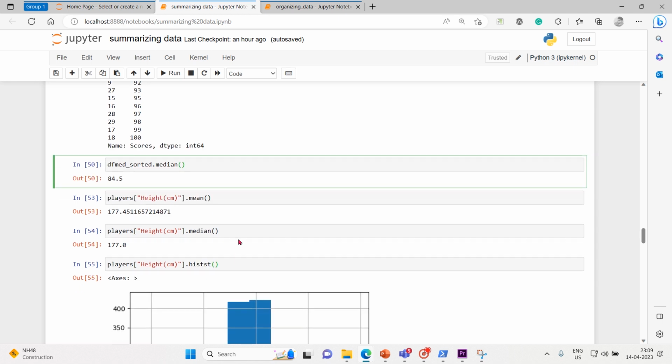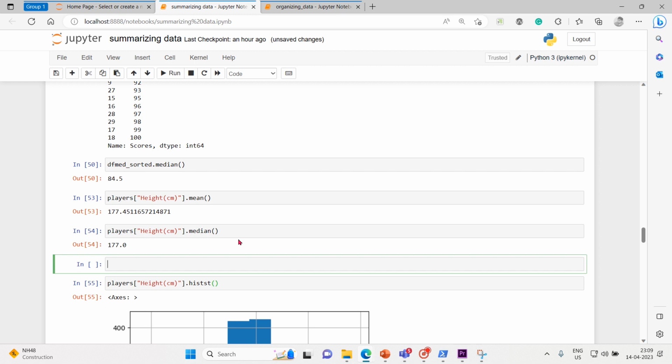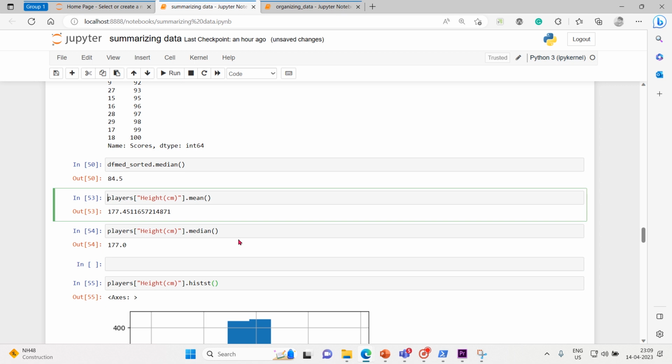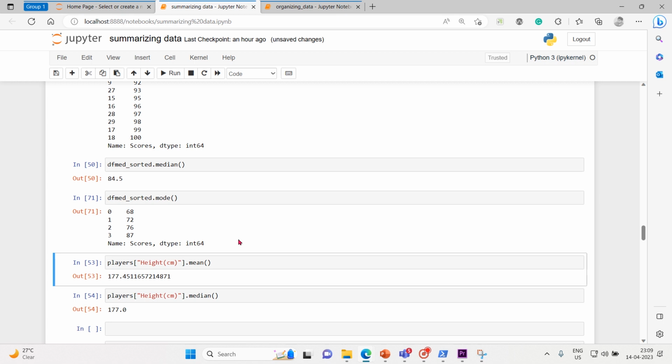Let me create one more, the sorted DataFrame, and then mode. Okay, you got the four modes. One is 68, the second mode is 72, then 76, and 87. That's the mode I got here.